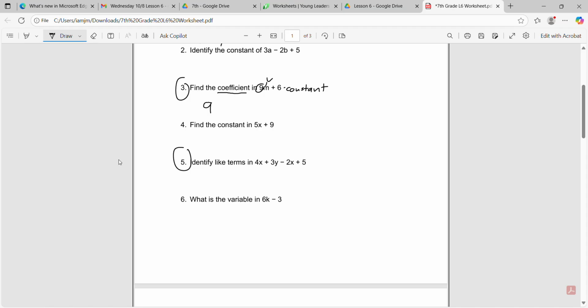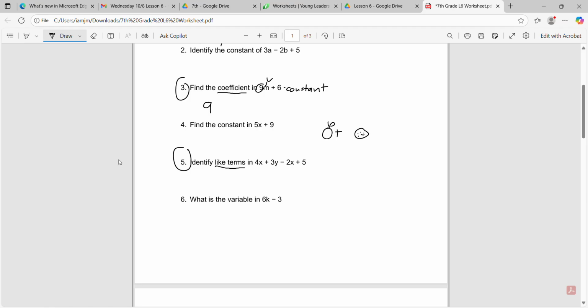Number 5. Identify like terms in the expression 4x plus 3y minus 2x plus 5. Like terms are... I'll give you an example. Say that we're finding the amount of an apple. The equation is apple plus an orange.